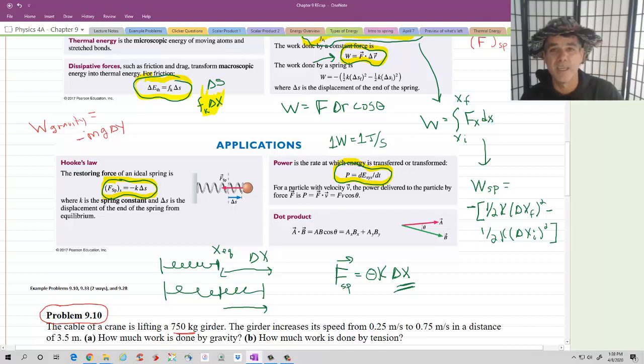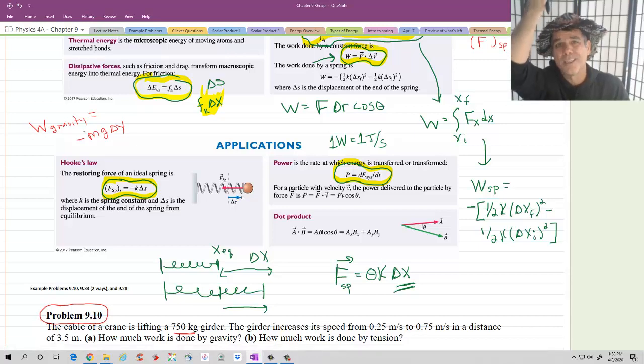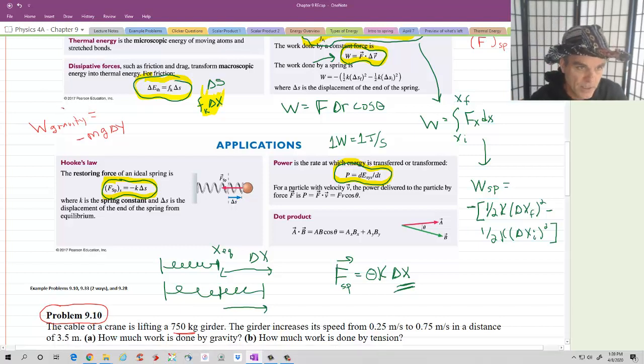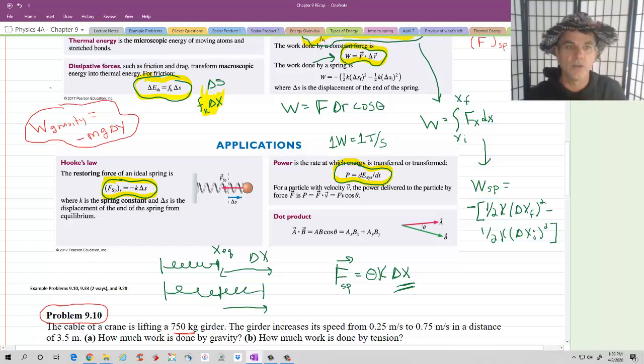The minus sign comes about because as an object moves upwards, when delta y is positive, gravity acts straight down, so the angle between the displacement and the force is 180 degrees. So this is definitely another important equation for this chapter that I forgot to include up there.